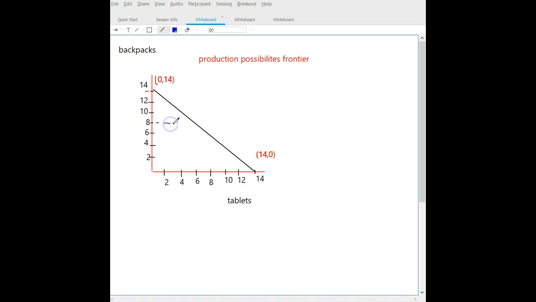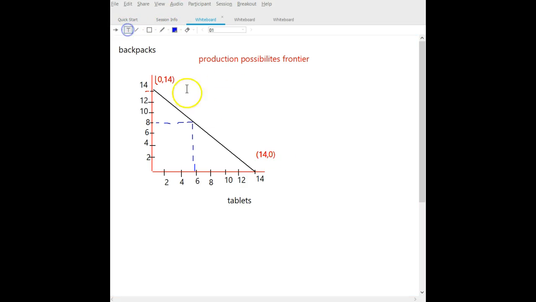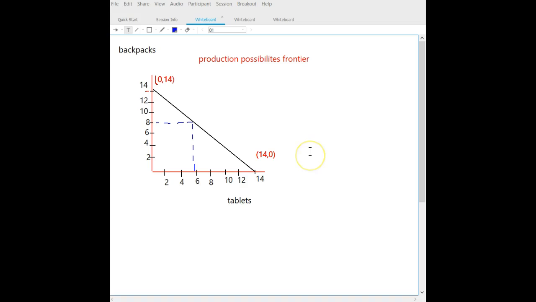So let's say that we want to produce 8 backpacks. I apologize, this is not completely perfect. My hands are not particularly steady. Okay, so with our resources, we actually want to end right here at 6. So we want to produce 8 backpacks, so our point here would be 8 comma 6. So we're producing 6.